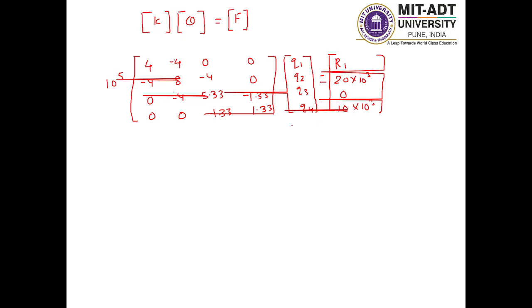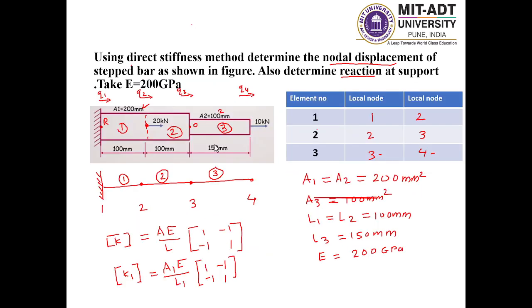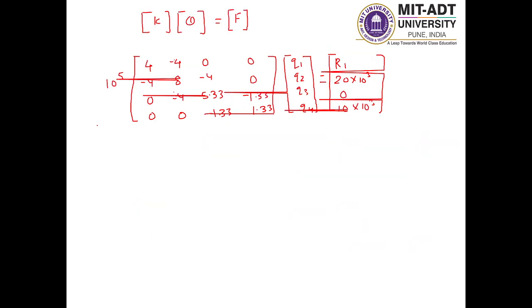Then I am using the elimination approach. That means node 1 is fixed, so I am going to eliminate row 1 and column 1 from the final matrix.